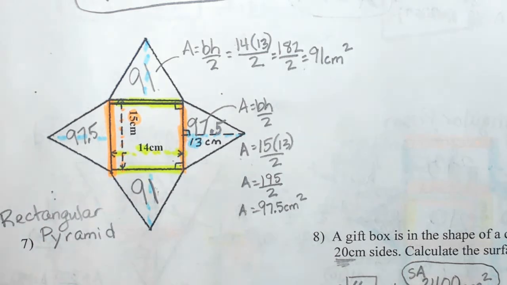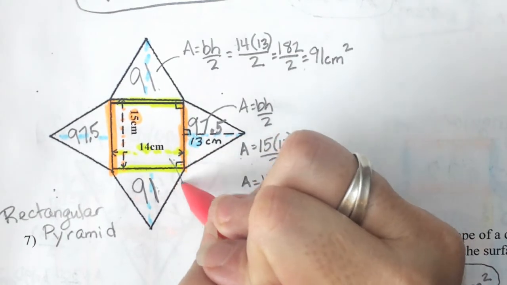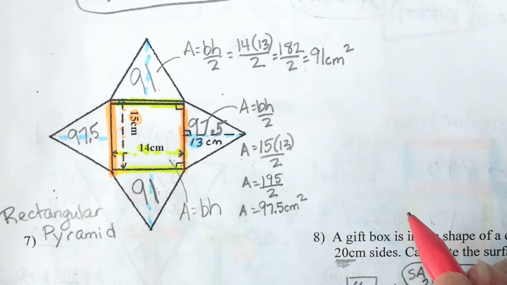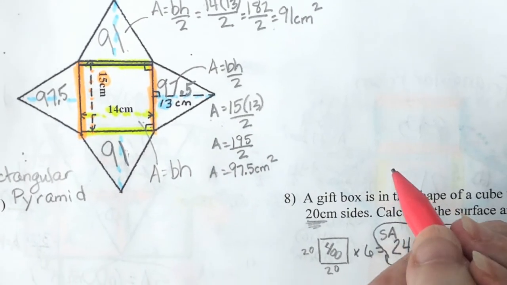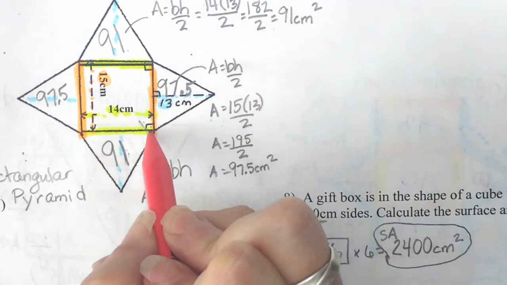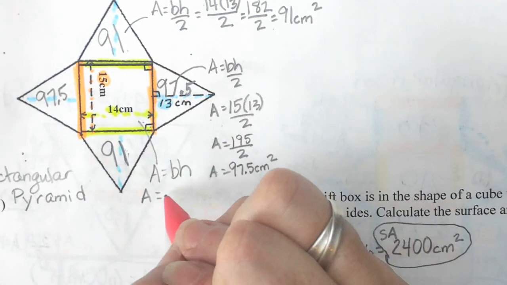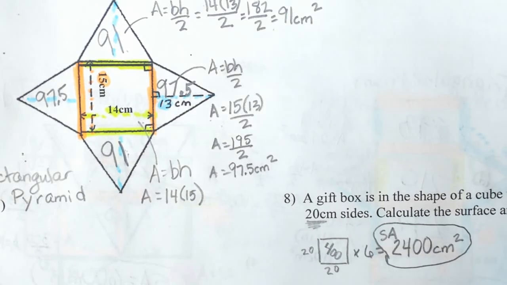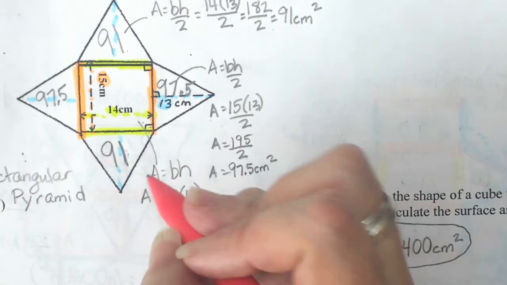Now the last thing is this middle squarey rectangle object. Okay, we know a rectangle, base times height. We know that its walls are 14 by 15. 210.